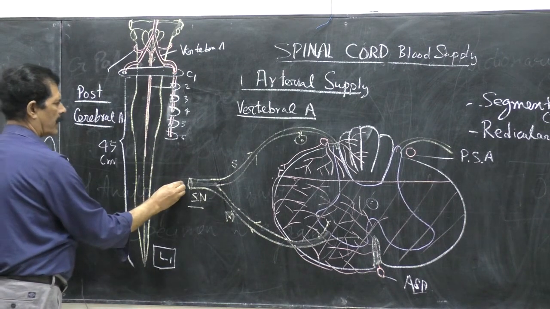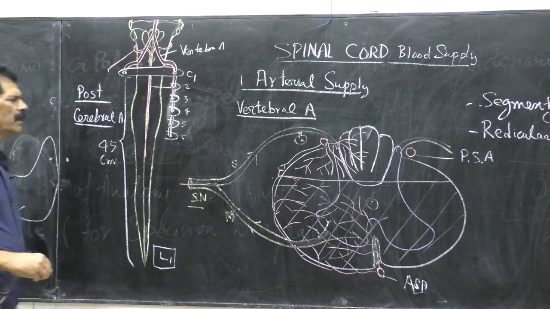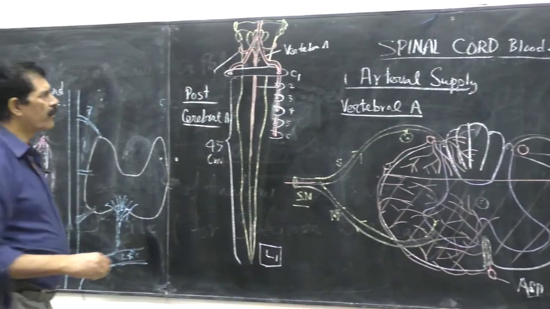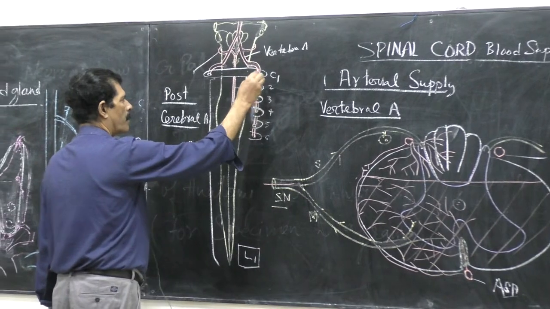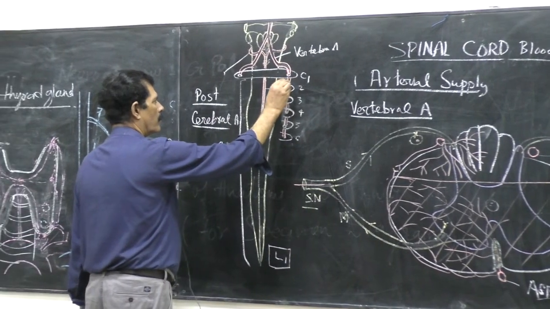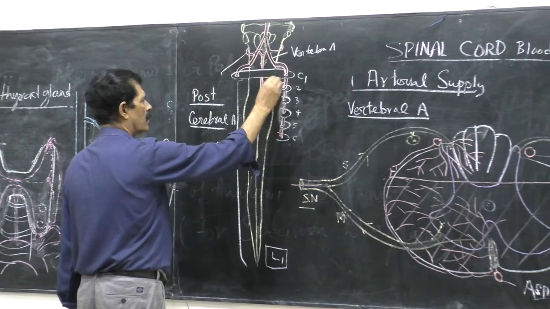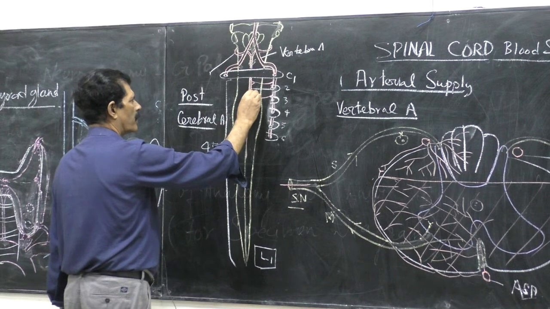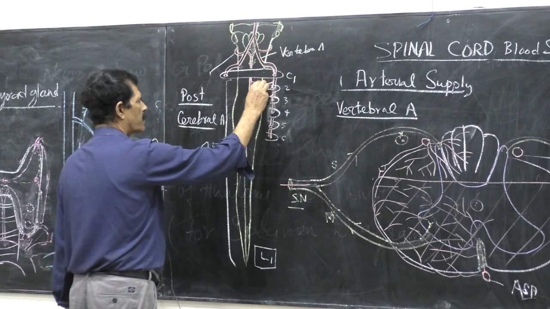And these segmental arteries enter into the vertebral column through the intervertebral foramina. And they all anastomose with the branches of the anterior spinal arteries.